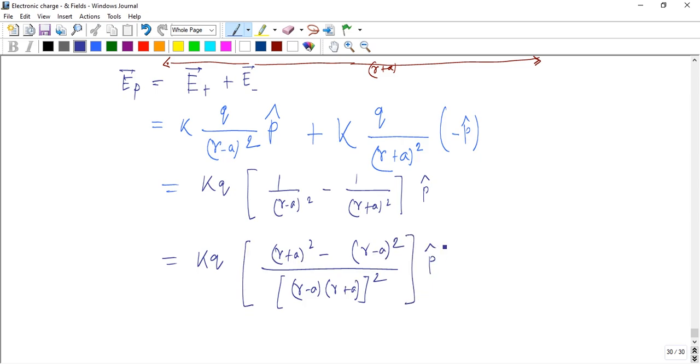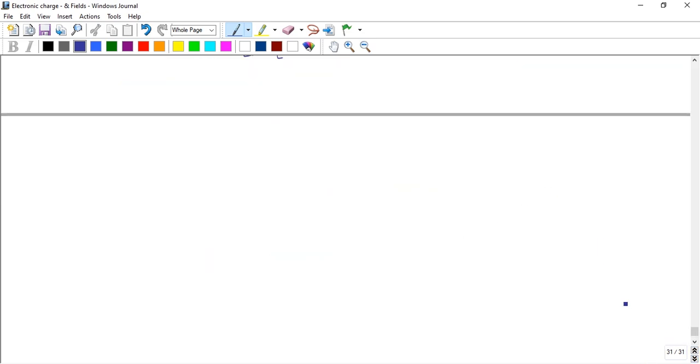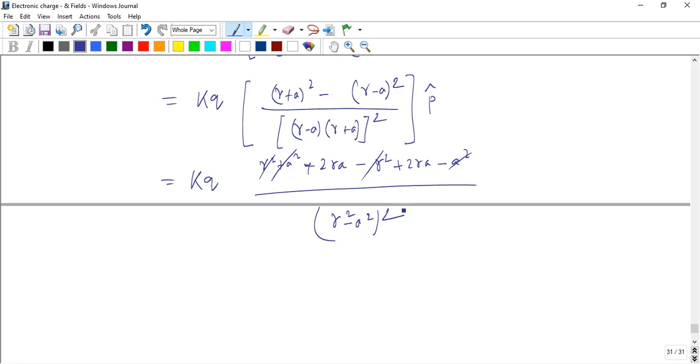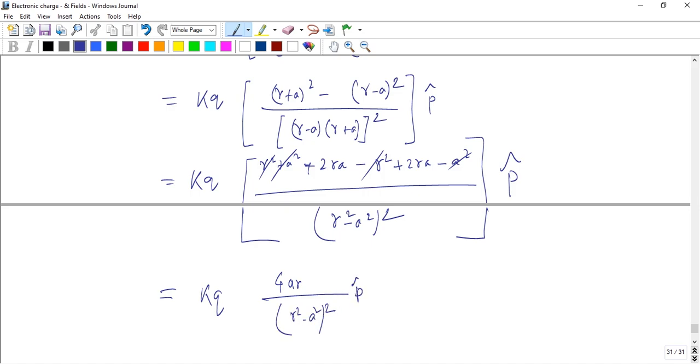Expanding, R square plus A square plus 2RA minus R square plus 2RA minus A square, so R square and A square cancel, giving 4RA over R square minus A square whole square, in the P cap direction. So we get K Q times 4 A R by R square minus A square whole square P unit vector.